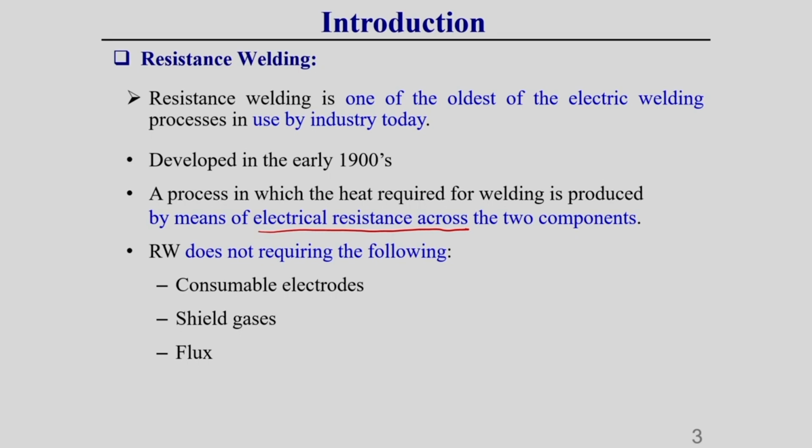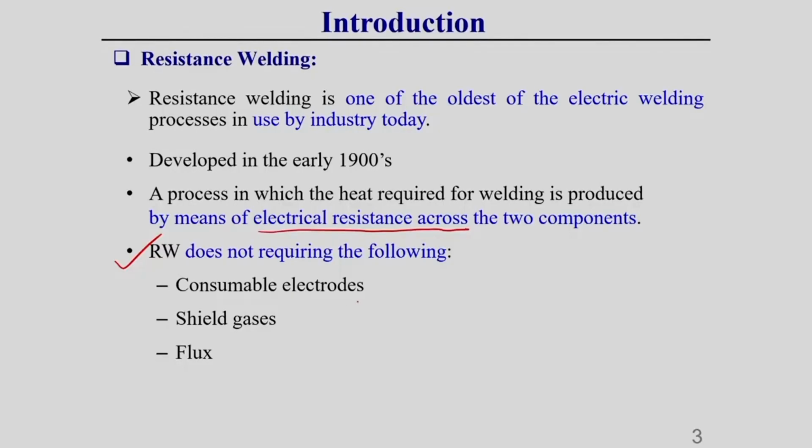So, here the heat is produced by means of electrical resistance across the two components. The two components where we are going to make the joining, in that joining portion whatever the resistance is there, that is the most important resistance in the resistance spot welding process. Now, you see, resistance spot welding generally does not require the components that other welding processes need, like flux or some shielding gas to protect the weld pool from atmospheric contamination.